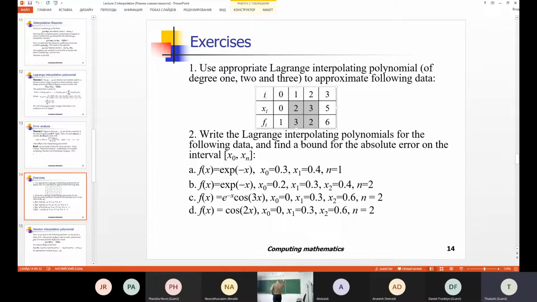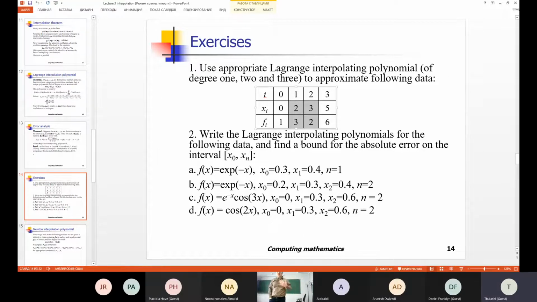And after that, you can approximate any value. For example, at the point 1, substitute 1 and you get an approximation, and so on.